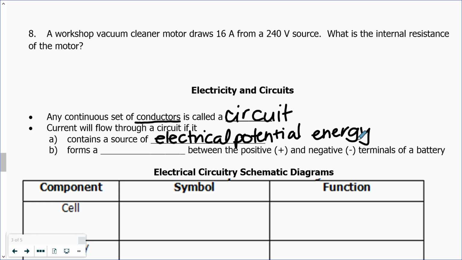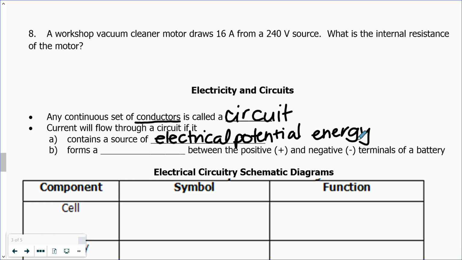So voltage is equal to your electrical potential energy divided by the charge. This is not directly your voltage, but we talked about it yesterday that our voltage is equal to the amount of electrical potential energy divided by the charge. So that a volt is equal to 1 joule per coulomb.